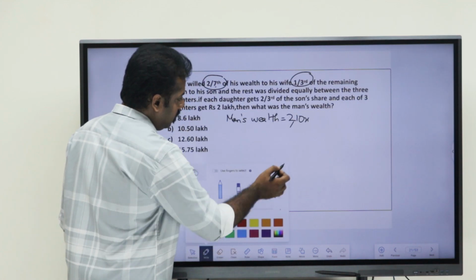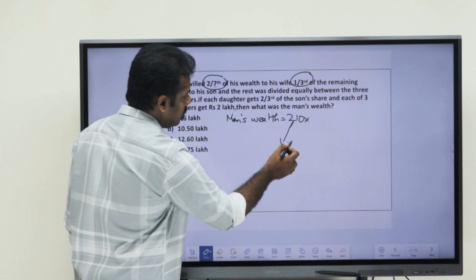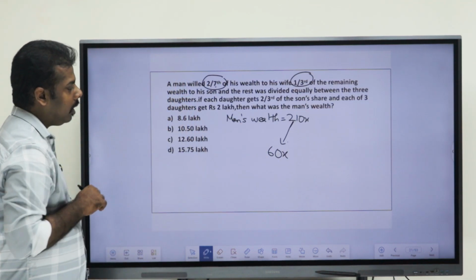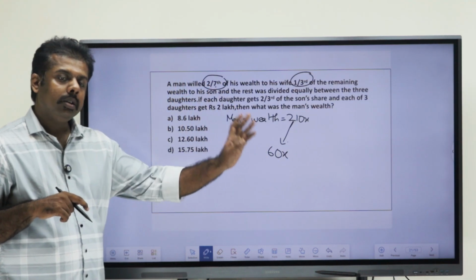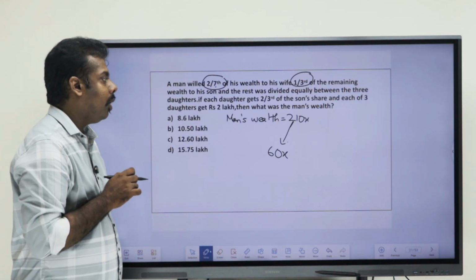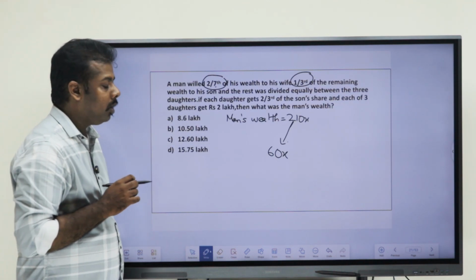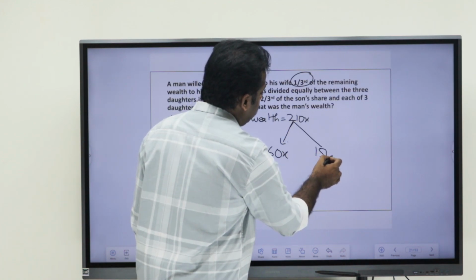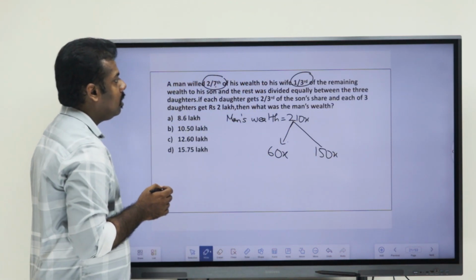So he has given 60x to his wife. Now what is remaining? 210x, 60x is gone. The remaining part is the difference of 210x and 60x, which is 150x.